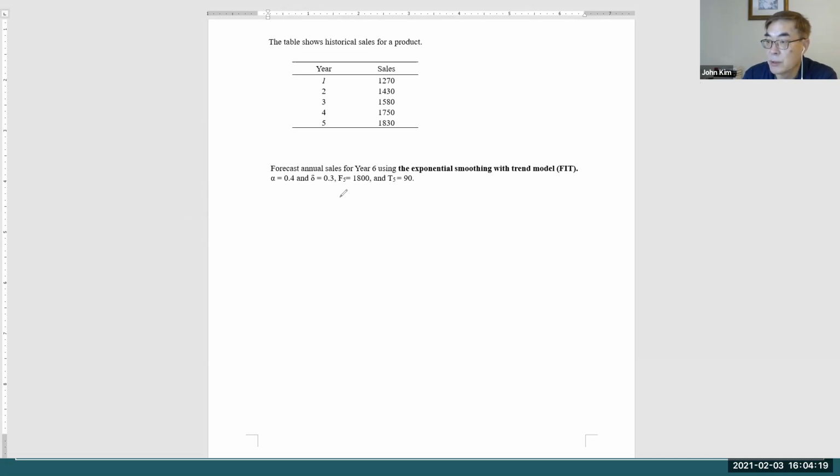So this one asks the exponential smoothing with the trend model FIT to find the year 6. So it asks you to find FIT6. That will be F6 plus T6.